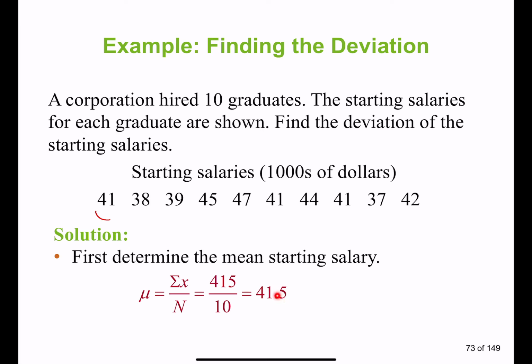Now, why is it important? How is this statistical problem going to help you in business or anywhere else? Very easy. We know that the starting salary is between $38,000 and $47,000, and that the average hiring salary is $41,500.